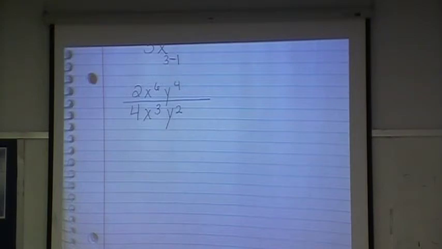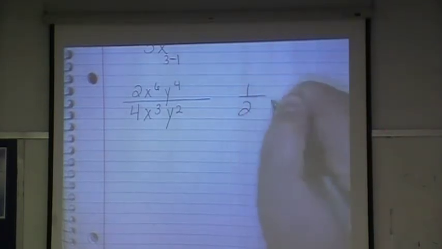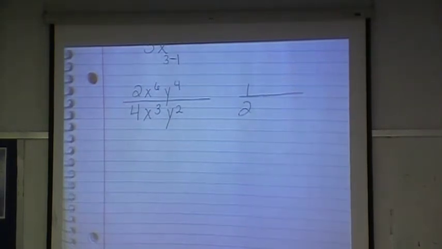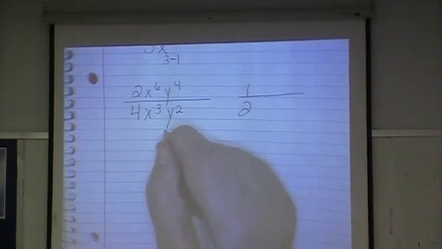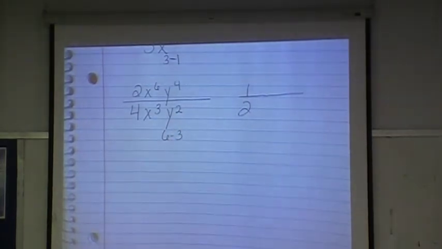What does it reduce to? 1/2. Your whole number is finished. It's done. Now look at your x's. Your x's is 6 minus 3. What is 6 minus 3?